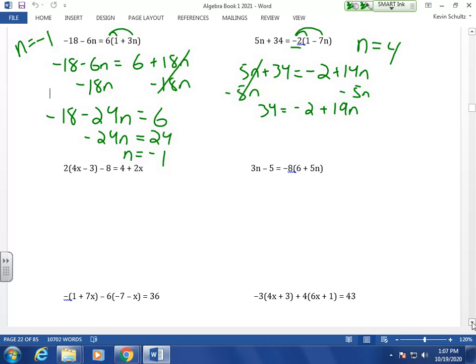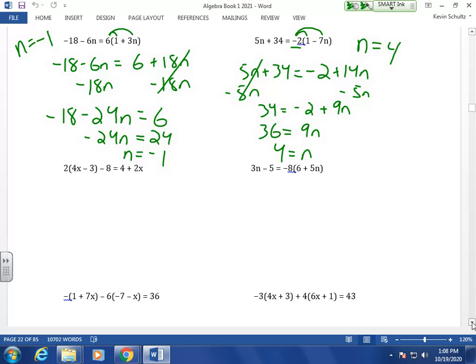Not 19n, 9n. See how easy it is to lose yourself? Okay. 34 equals negative 2 plus 9n. Two-step equation, so we're going to add 2 to both sides. We get 36 equals 9n, divide by 9, and we get our answer of 4.